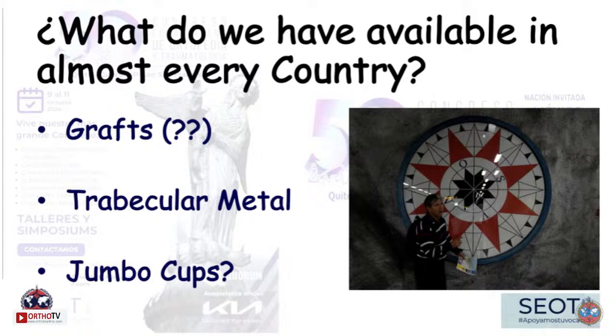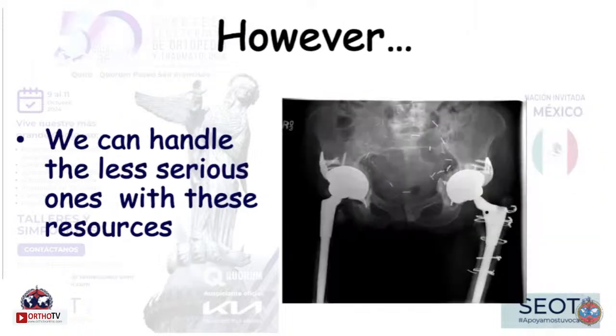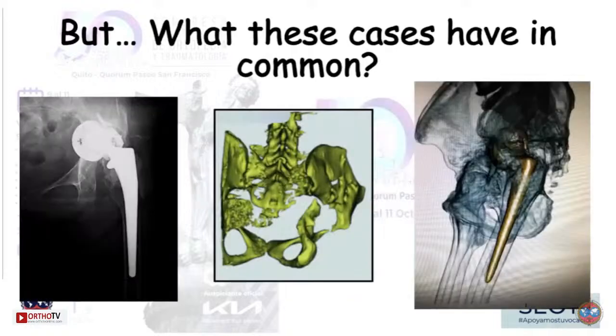What do we have available in almost every country? We use grafts, we can use trabecular metals, Marco showed excellent cases, and jumbo cups. With this, we can probably handle the least serious ones, 2, 3, 3A.